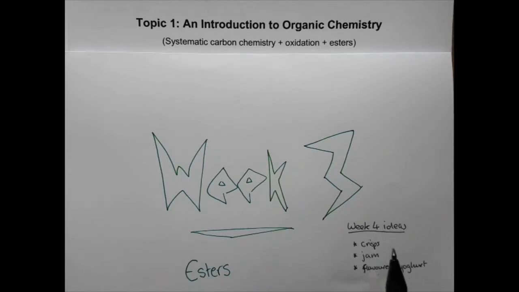So just some ideas if your parents are going shopping next week or next weekend at all, it might be useful for you to have one or more of the following: different flavours of crisps, or different flavours of jam, or different flavours of flavoured yoghurt. It's not essential, but it's just a little idea.